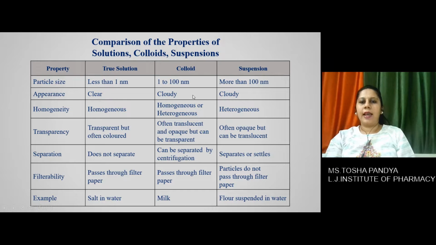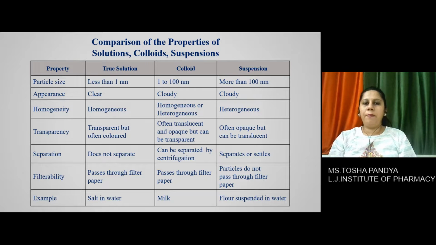Homogeneity, they are homogeneous or heterogeneous depending on the size of the dispersed phase. Transparency, they are often translucent or opaque, but can sometimes be transparent also. Separation, they can be separated only by centrifugation, and on filtration, they pass through filter paper.